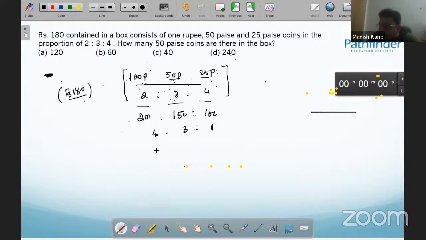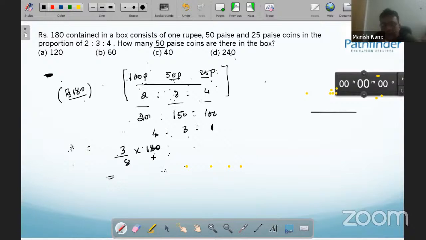So this reflects the amount of money you have in the form of 1 rupee coin, in the form of 50 paisa coins, and in the form of 25 paisa coins. Now you are asked, how many 50 paisa coins are there? So what is the share of 50 paisa coins? The share of 50 paisa coins is 3 divided by 8 multiplied by 180.